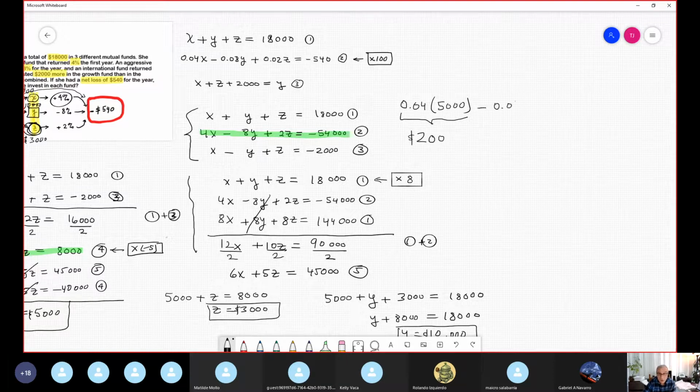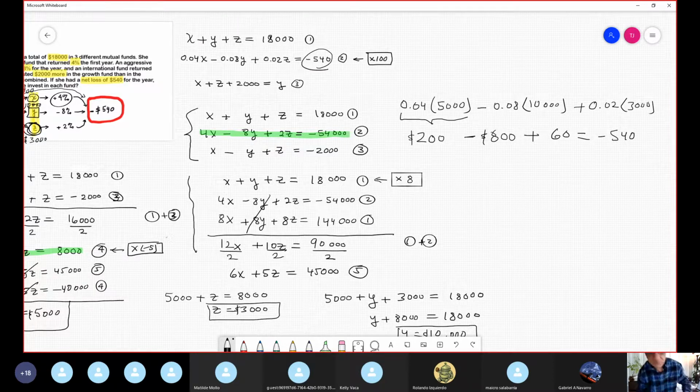Minus 0.08 multiplication by Y, which is 10,000, and it's a minus 800. Plus 0.02 multiplication by 3,000. Okay, this is $60. When you put together, a negative 540. It's exactly this answer. You get the idea? Any question?